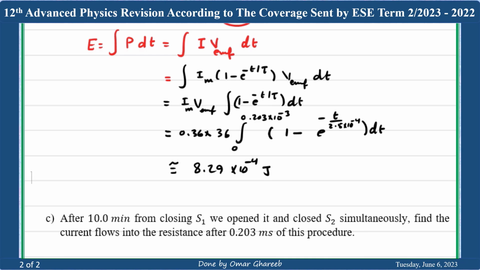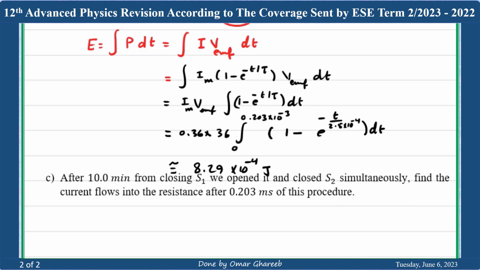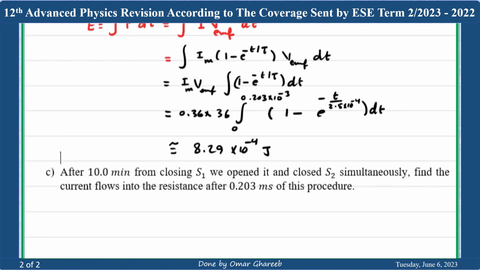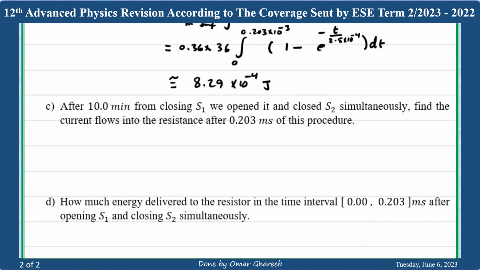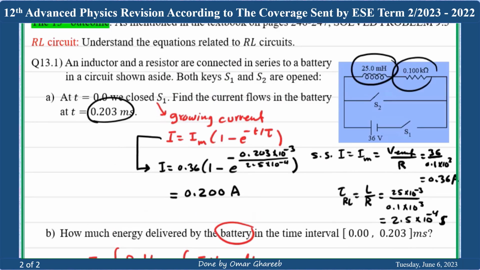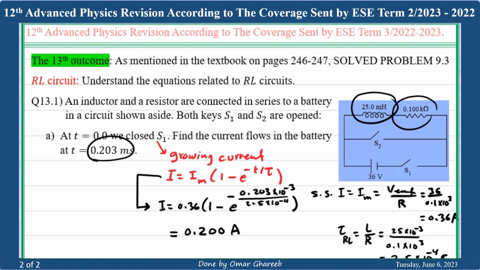Now we will go for a new idea. After 10 minutes, so the 10 minutes is a very long time, from closing S1, we open it and close S2 simultaneously. So S1 was closed, we open it.